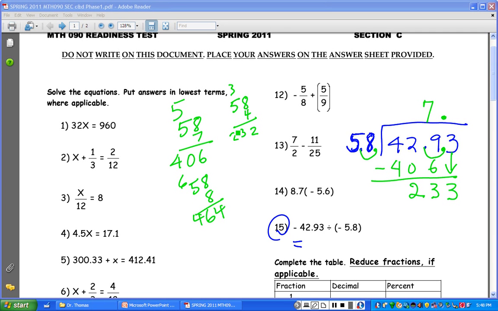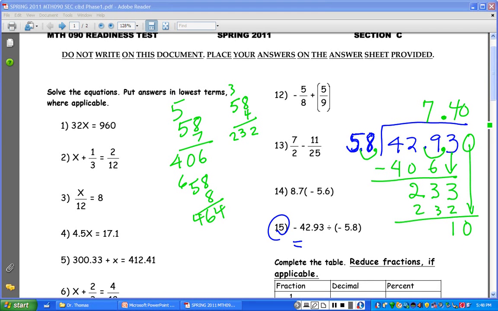232, right? Very, very close. So let's put 4 here. 232. And then we have 1. And we need to bring down a 0.